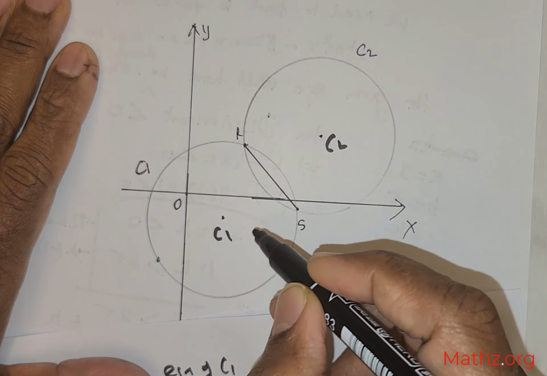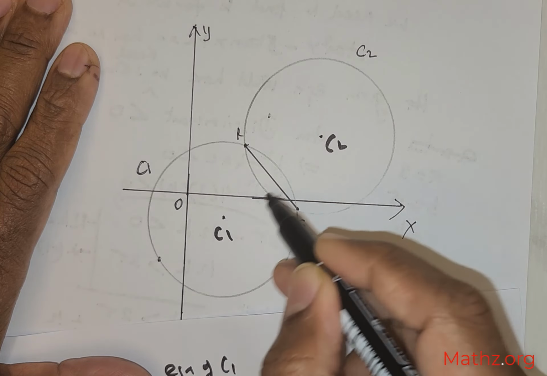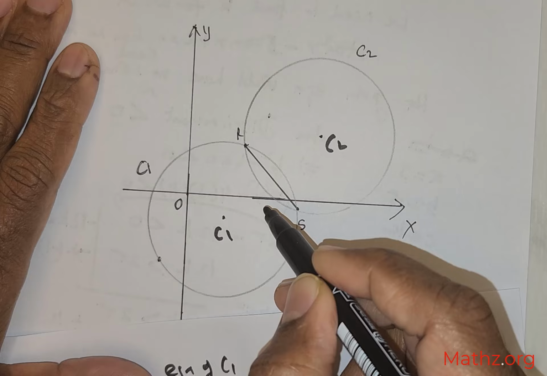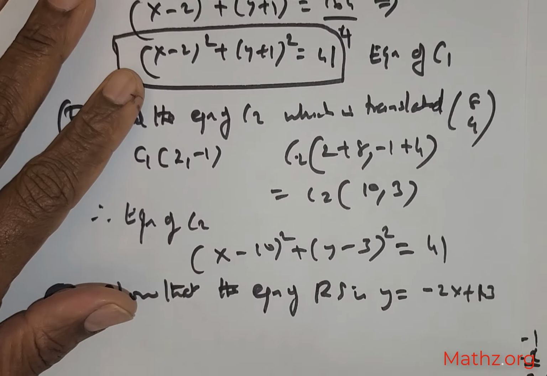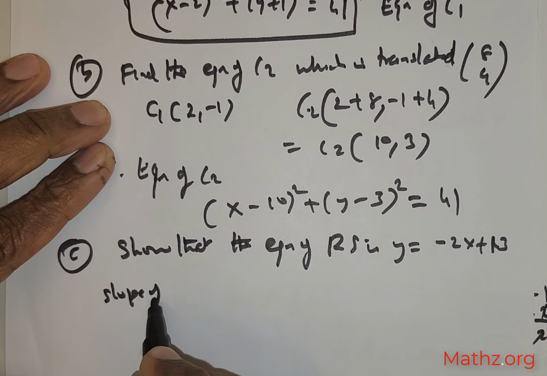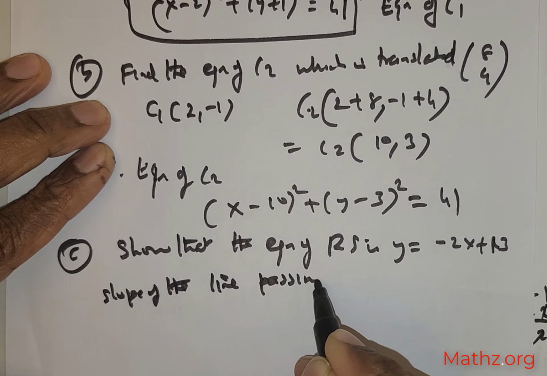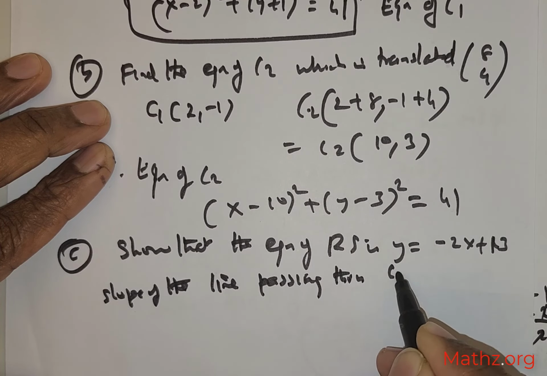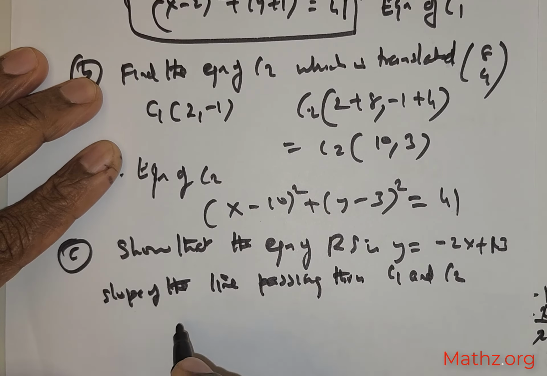So what I'm going to do is find the slope of this C1 first. Let me write that down: slope of the line passing through C1 and C2. Without that it's not possible for us to obtain the slope.